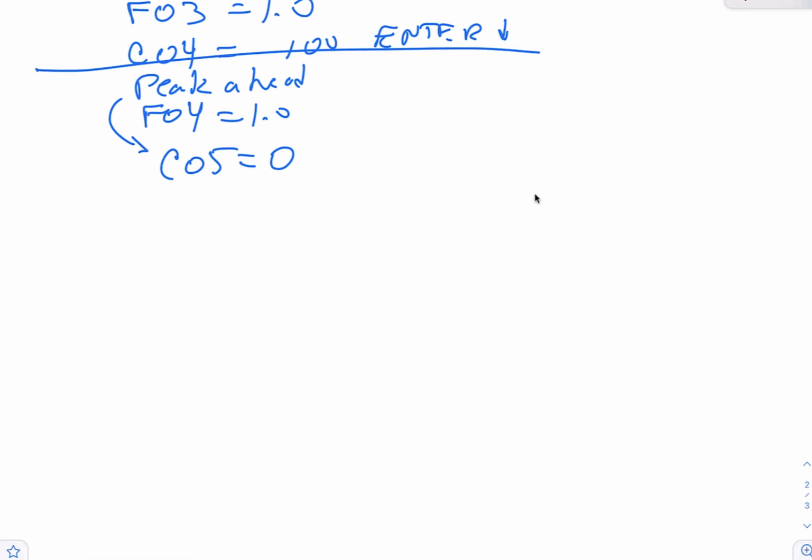now what you want to do is hit NPV. When you hit NPV, what'll pop up on your screen is an I. It's asking you for the interest rate. So when you see the I, plug in 7, hit enter, and the down arrow.